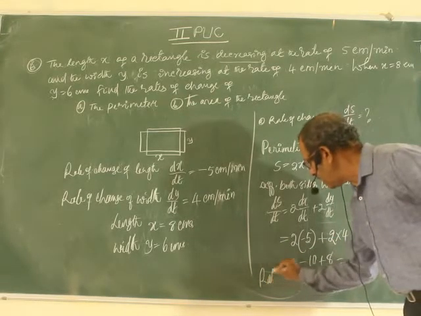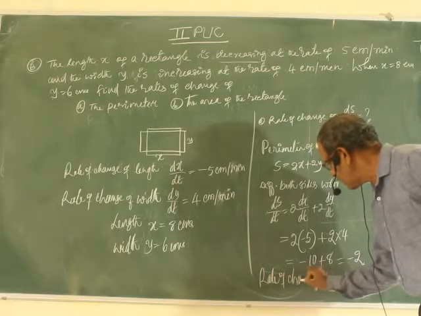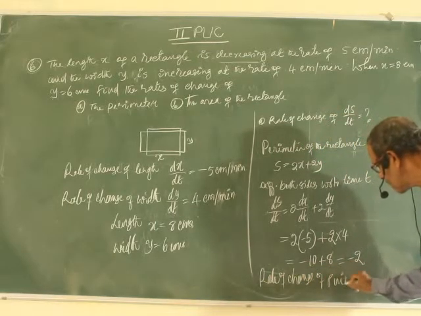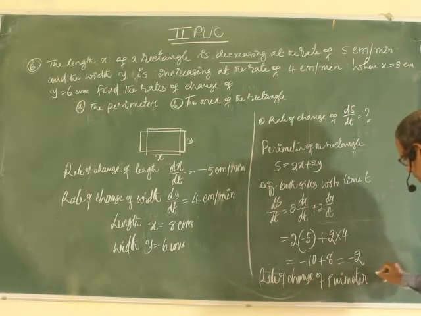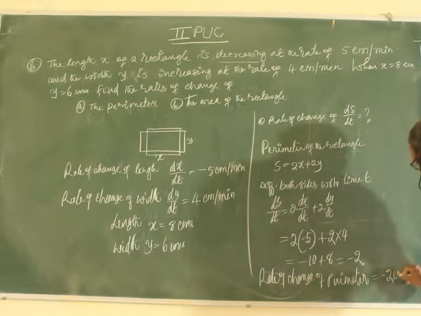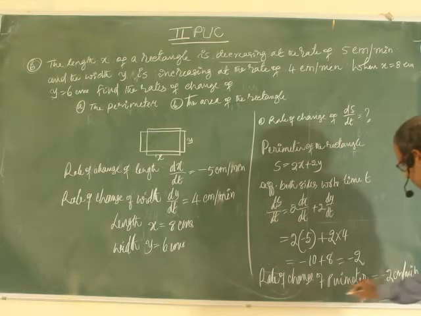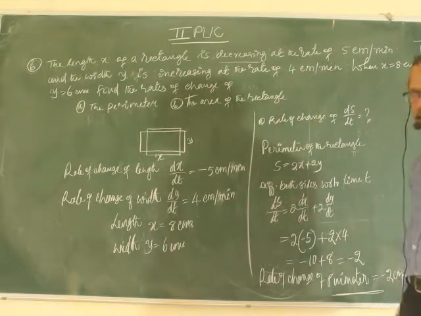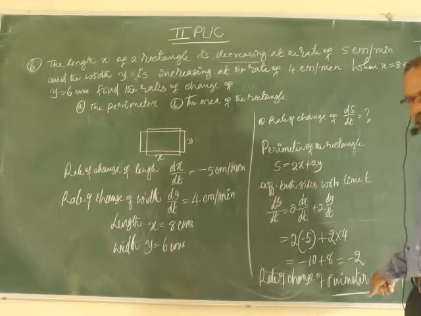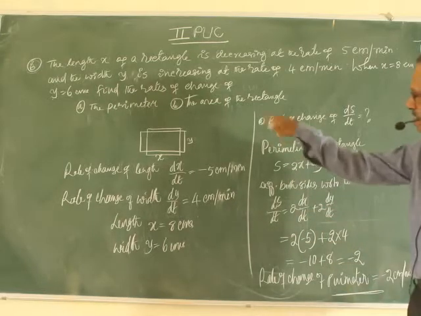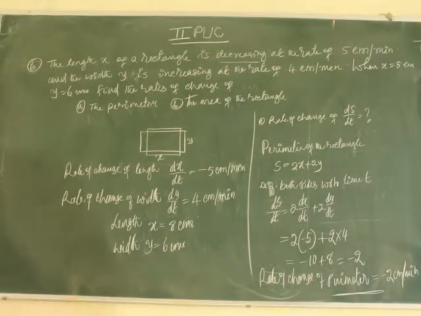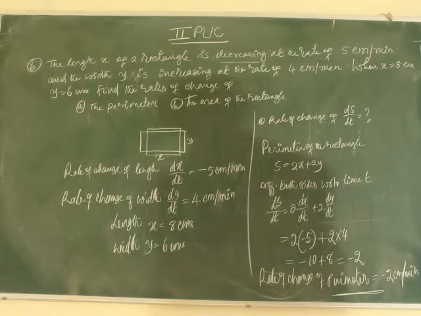Rate of change of perimeter equals minus 2 centimeter per minute. Remember, as the time increases, perimeter decreases, hence minus. As we go on, the total perimeter decreases. Rate of change of perimeter is minus 2 centimeter per minute.